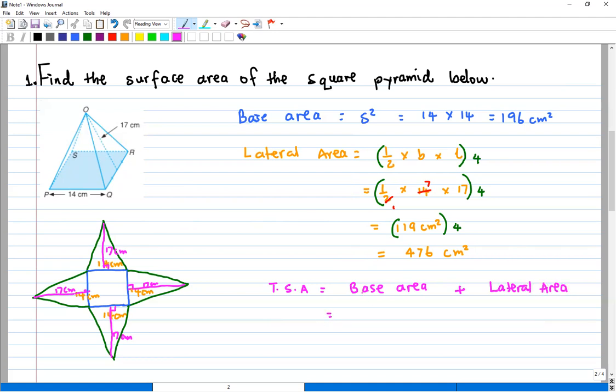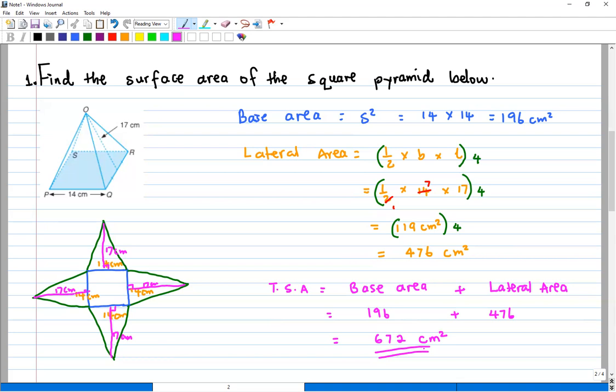So we get the base area of 196 plus the lateral area of 476, and we get the sum as 672 centimeters squared.